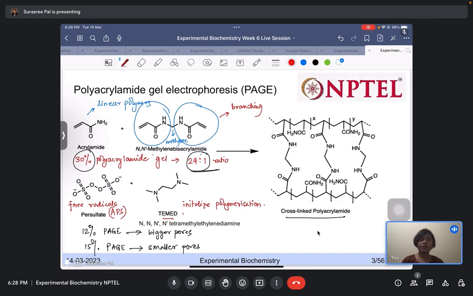But if it is not a native gel, then denaturing agents, for example SDS, can be added. We will discuss that later on. But this is the common polymerization reaction that takes place while we prepare a polyacrylamide gel using a particular percentage of polyacrylamide along with a particular ratio of acrylamide to bisacrylamide, where APS acts as a catalyst and TEMED initiates the polymerization reaction.